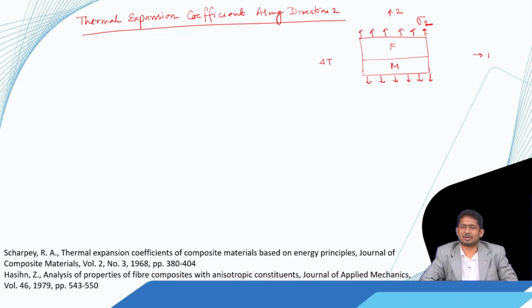Our consideration is that sigma 2 is the same for fiber and matrix, but fiber and matrix have different expansion.